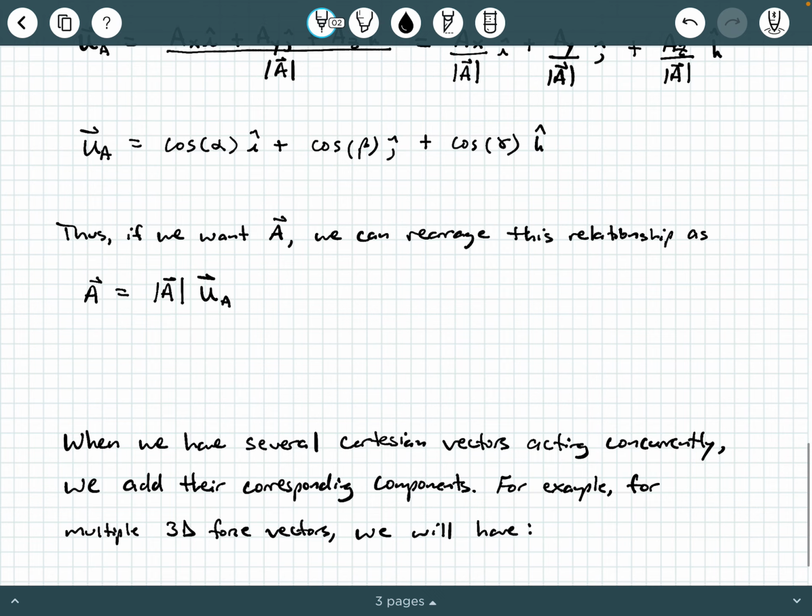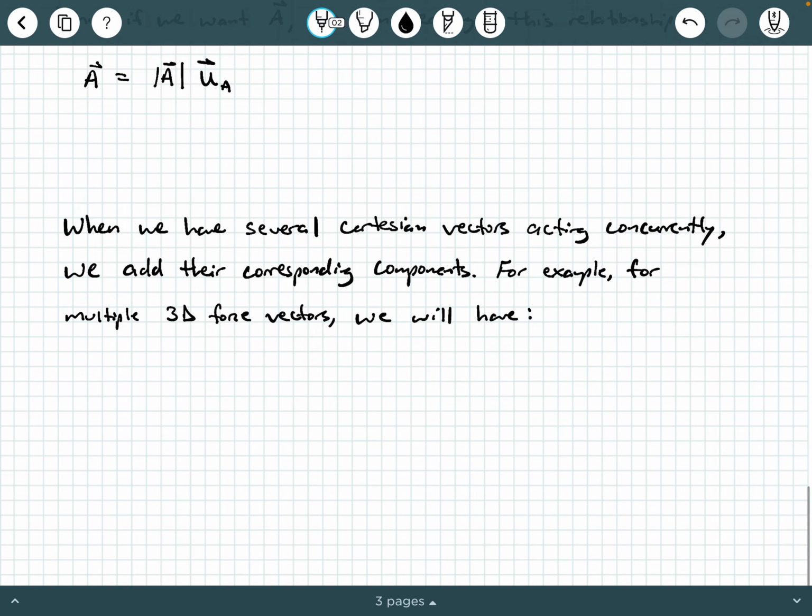So now let's get to the really good stuff. What happens when we have several Cartesian vectors acting concurrently? Well, just like we saw in 2 dimensions, if we have several 3D Cartesian vectors acting concurrently, all we do is we add, or, in some problems you might want to subtract, but we combine their corresponding components.